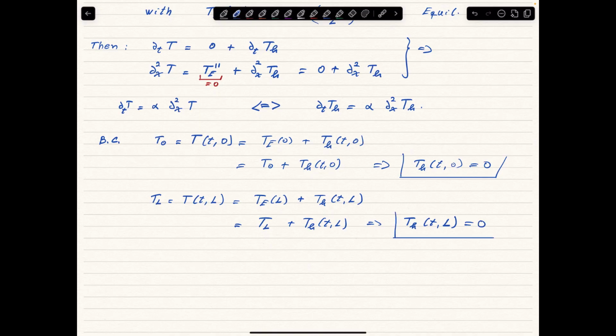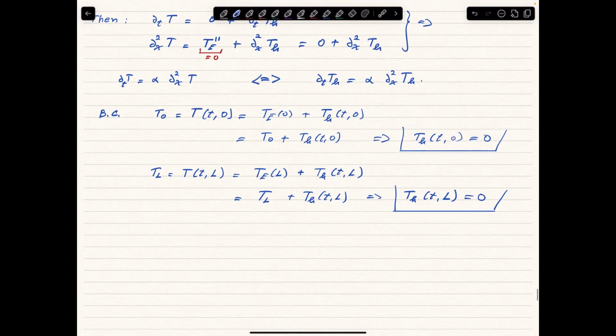So we have homogeneous boundary conditions for the temperature TH.